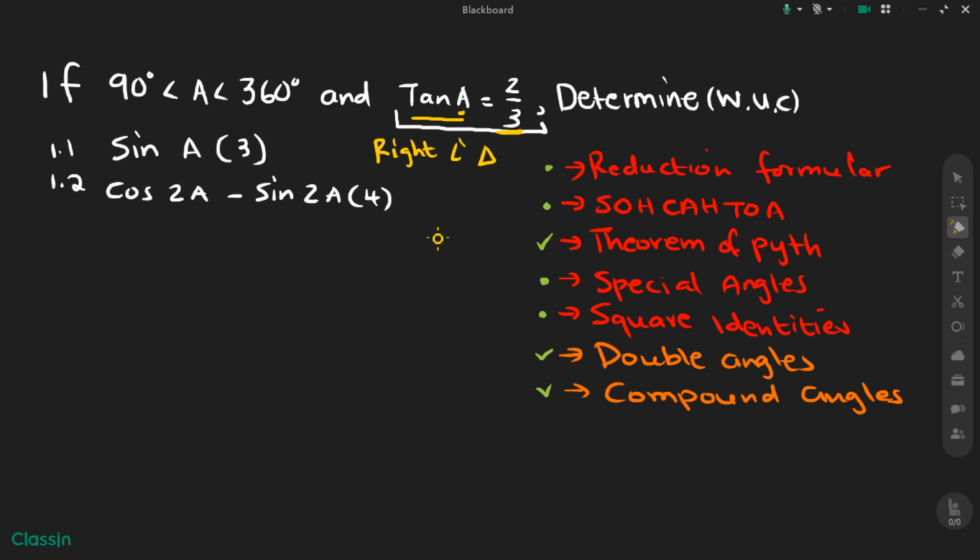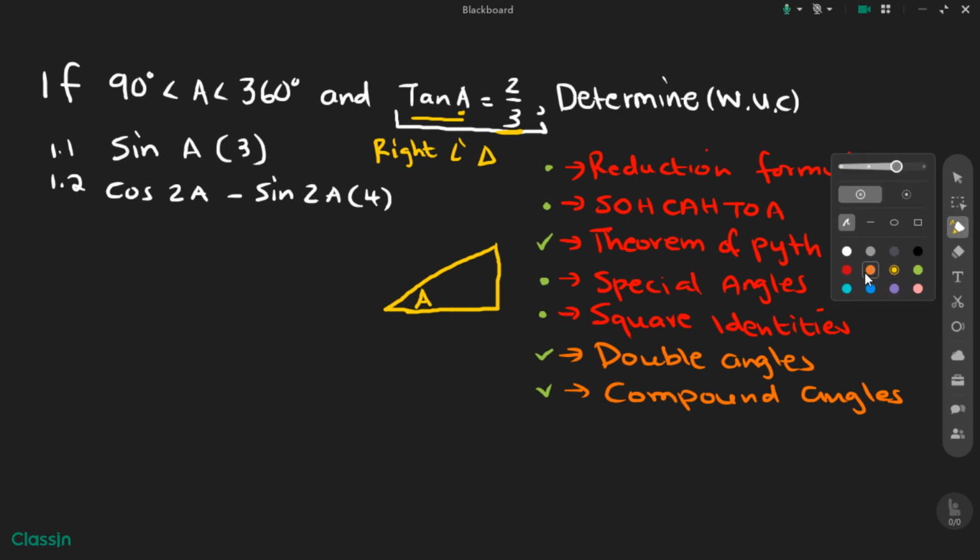Your triangle does not necessarily have to face one direction. I can draw a triangle of this nature, with A here. So if you put A here, you position yourself here.